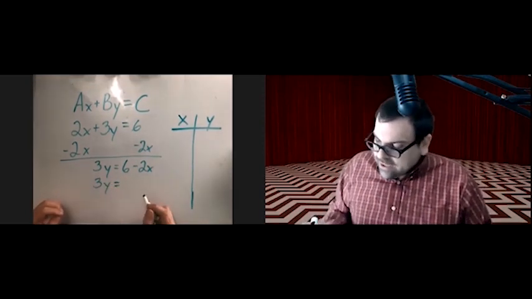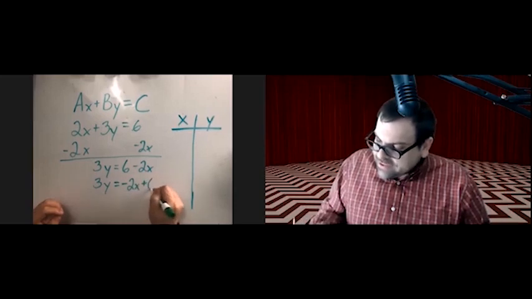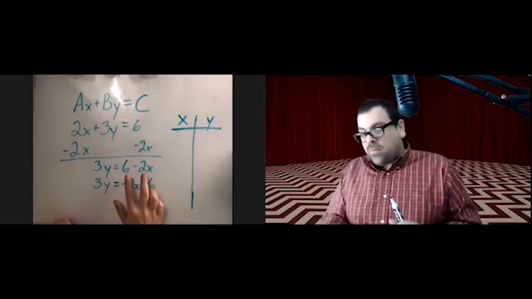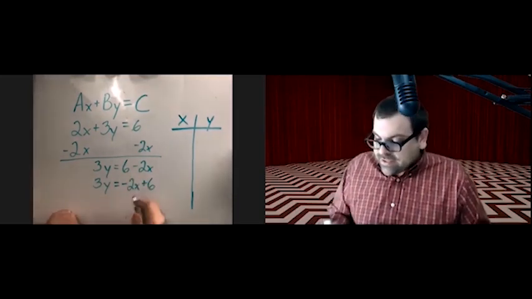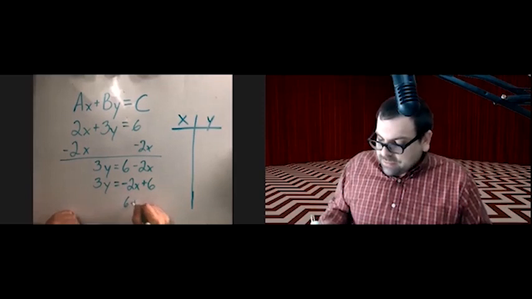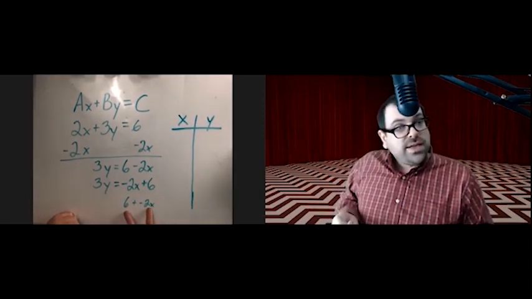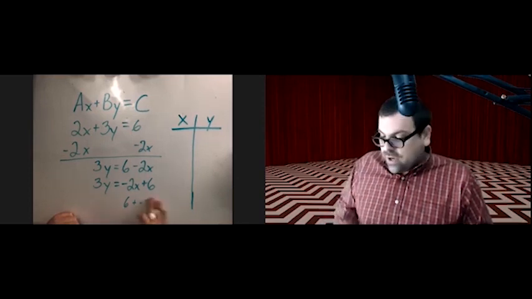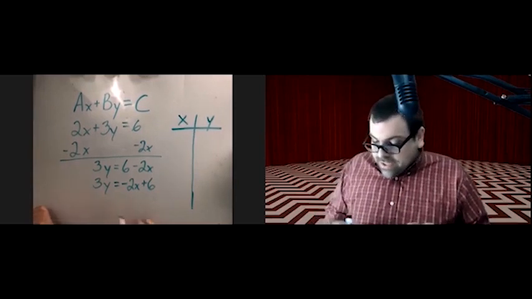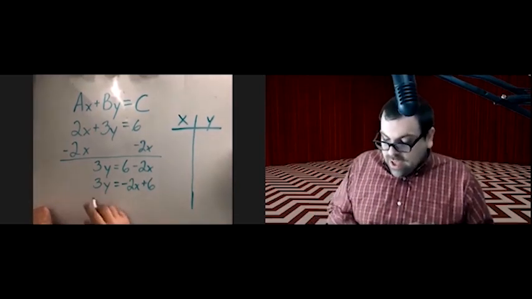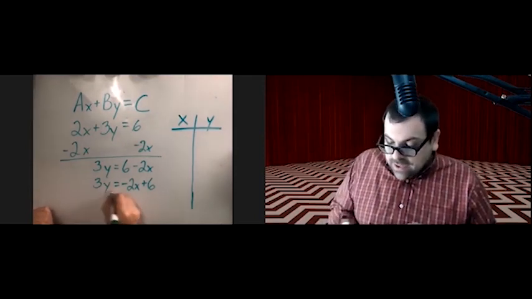So 3y equals, this will be negative 2x plus 6. Remember, we can't just switch it around the minus sign. 6 minus 2x is the same as 6 plus negative 2x. We can switch them around the addition sign, negative 2x plus 6. Okay, in our next step, we'll go ahead and finish solving for y by dividing both sides by 3.